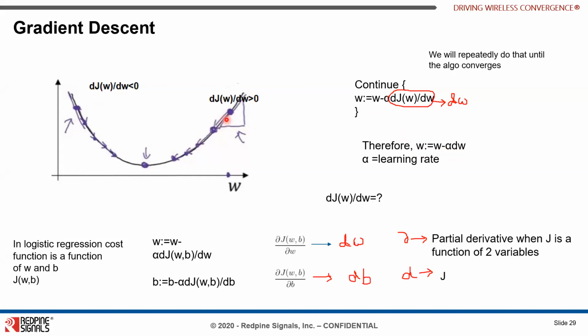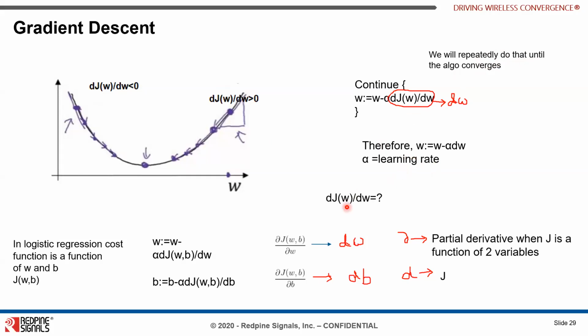So we need to choose an optimal value of the learning rate. We should not jump too high or too little. The selection of the learning rate plays a major role in how fast you converge to the global optimum. We do this repeatedly until the algorithm converges to this global optimal point.